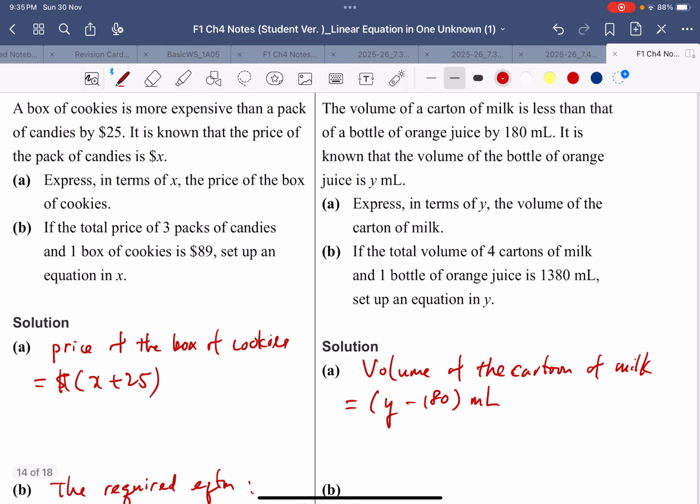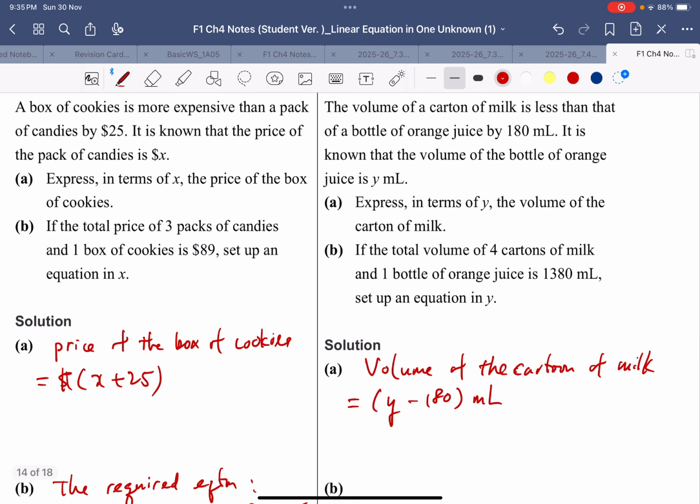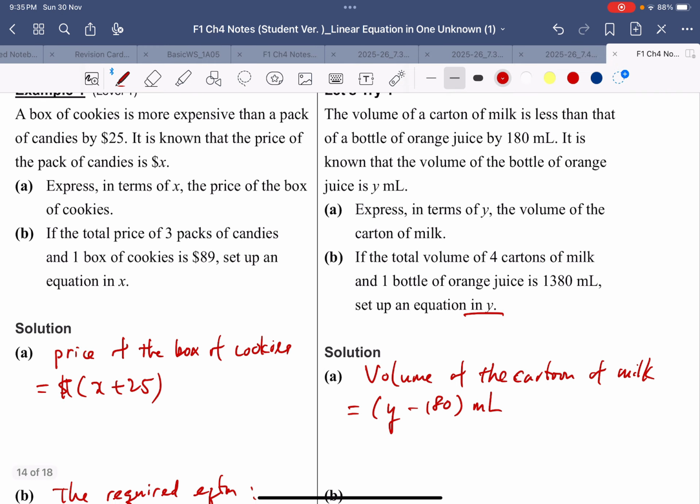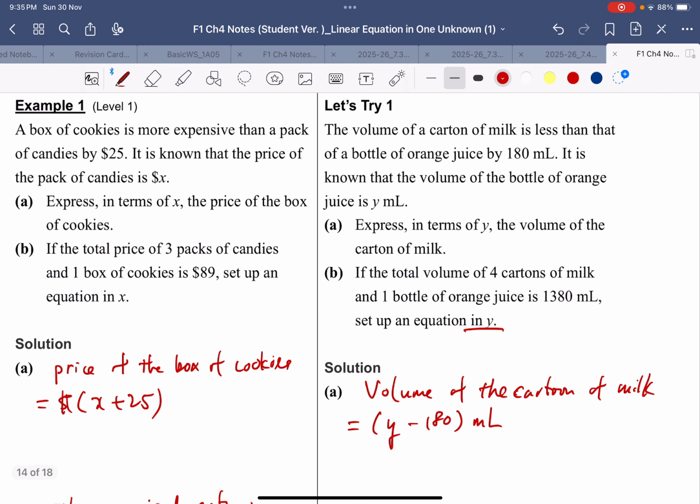Read the question and try to set up equations in y. Okay, you may need to pause it and think about it.